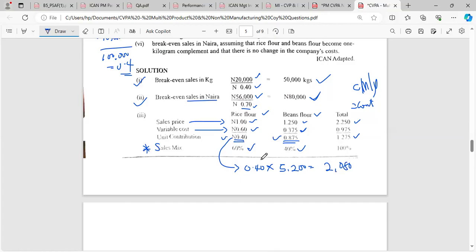But don't forget, it is 60% of this that we need. Because this is what we are supposed to make, but we did not finish selling all these 5,200. We only sold 60%, take it that way. So that means we are not going to realize the whole 2,080 total contribution. We are only going to realize 60% of this amount.